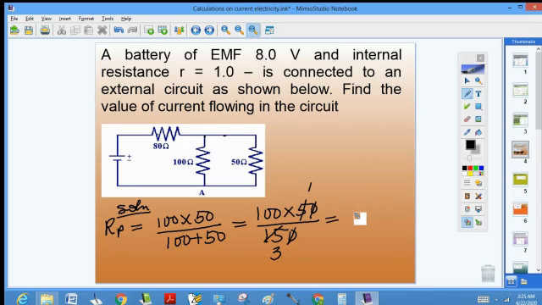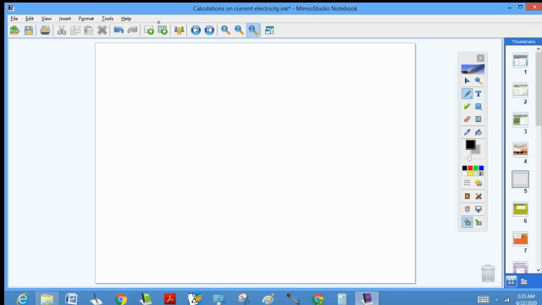So that gives us 100 over 3. So Rp is 100 over 3.